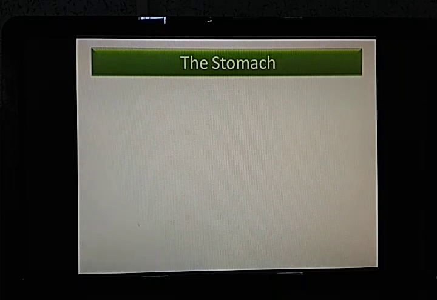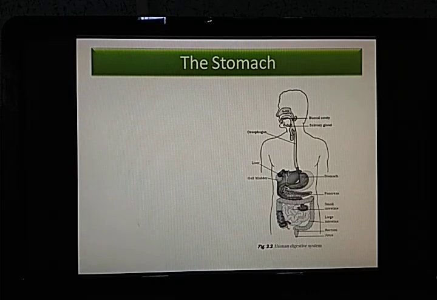This is the diagram that we have already seen in our last class also. This diagram is very essential to understand each and every part of the digestive system or the digestive process. Today we'll be discussing the stomach.